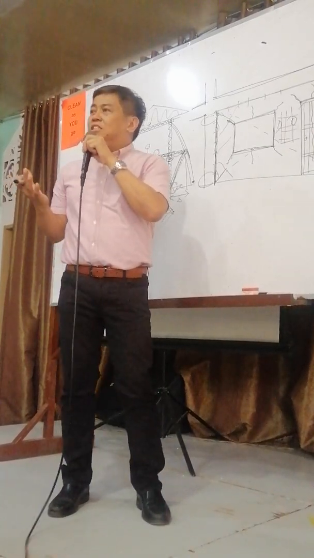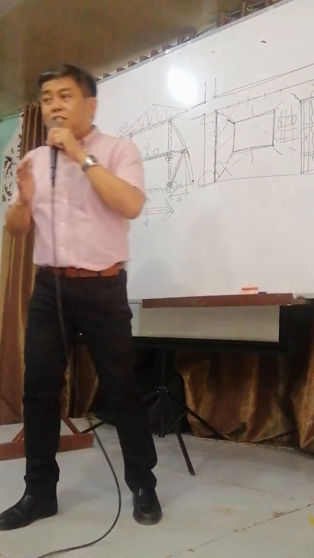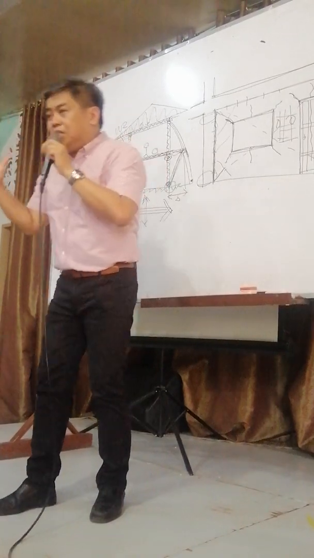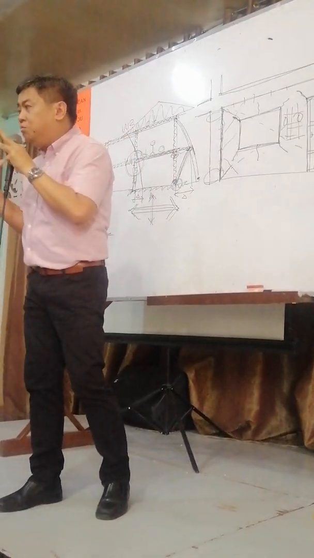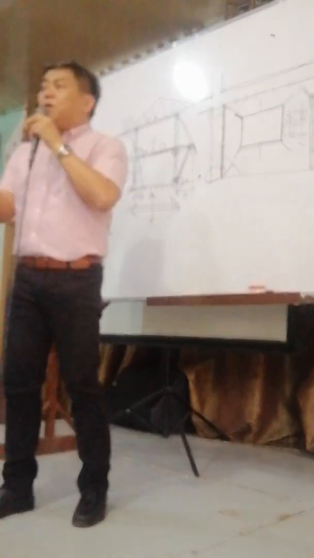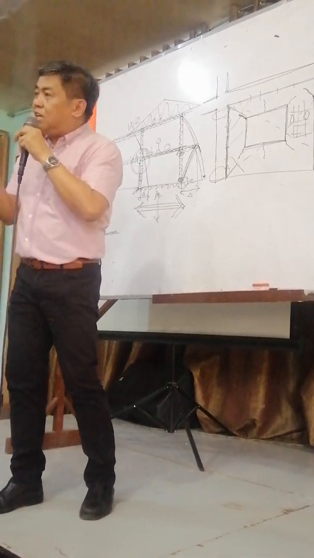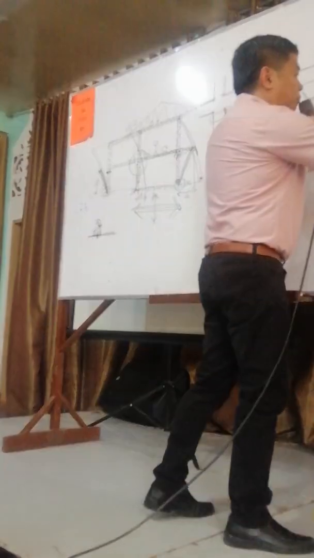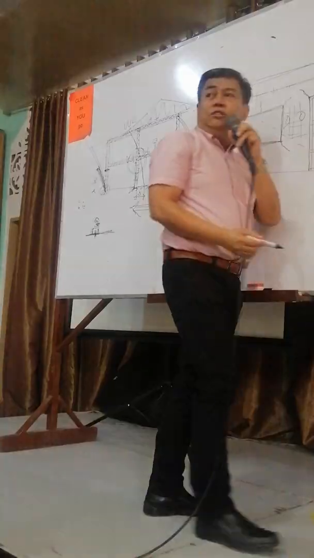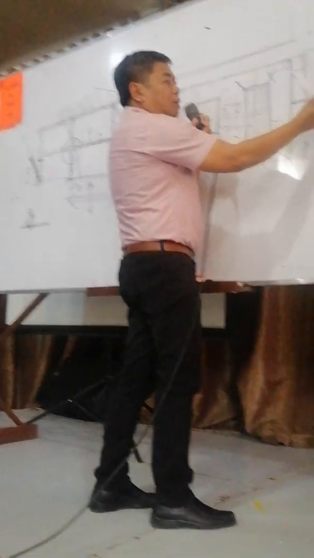When we say detailed assessment, you have to look at the plans. Look at the size of the columns, look at the number of bars inside, and the size of the bar, if you have a cross-section of the column.